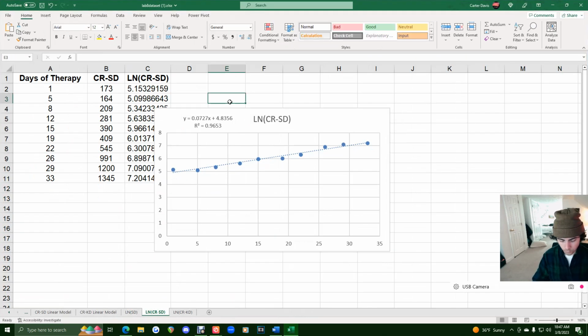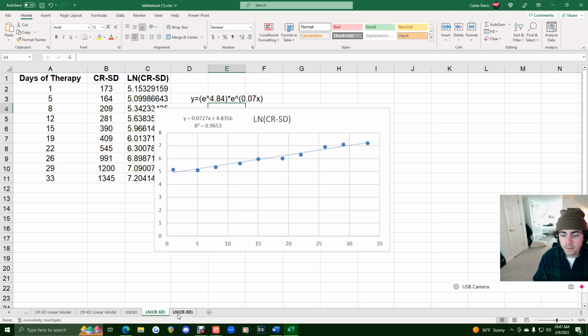So this one would be e to the power of 4.84, and then that would be times e to the power of 0.07x. And that's it. That's your exponential function.